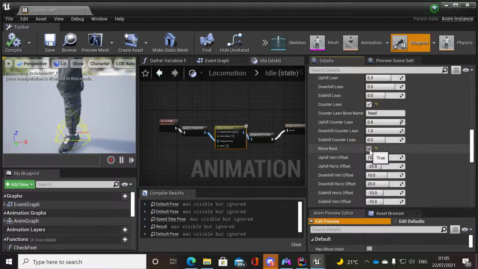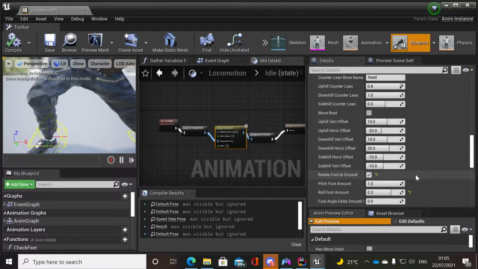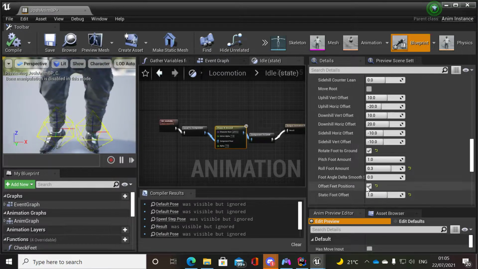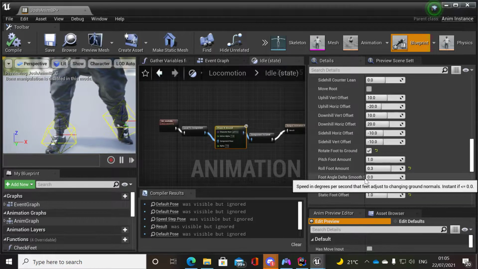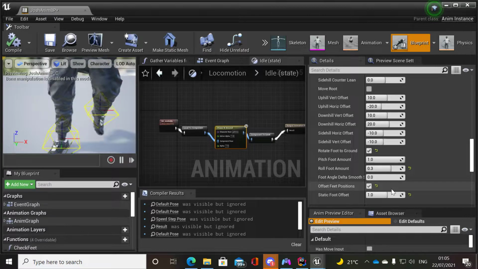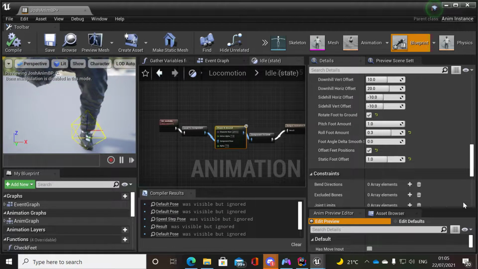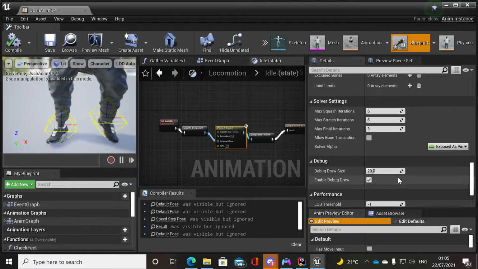But the thing I still don't understand is the reason why we want to use foot decay is just we want to plant the feet in certain situations.